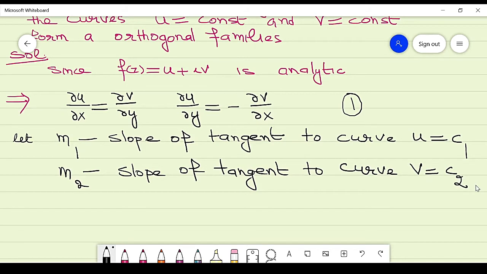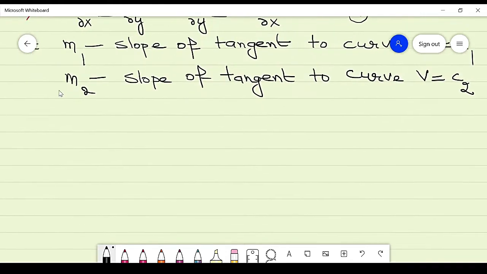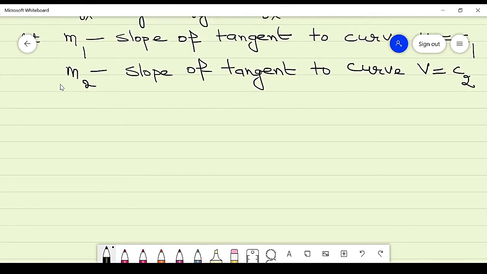Since u equal to c1 and v equal to c2, their differentials are du equal to 0 and dv equal to 0.